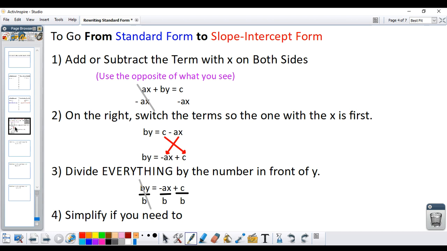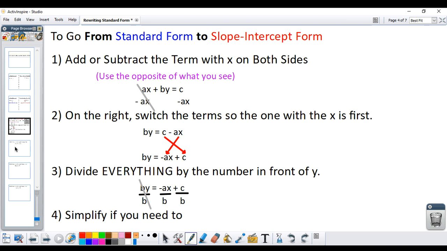So this is the same thing. If you divide the x by the number in front of the y, the number that doesn't have the x feels left out. So we want to make sure that we share the wealth and we divide everything. And then in the end, simplify if you need to. This makes it so much easier for you to graph if you can just simplify.